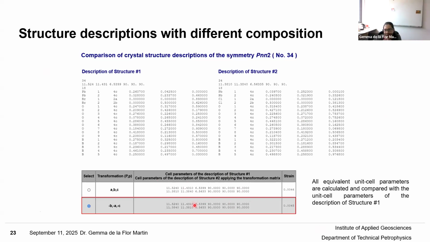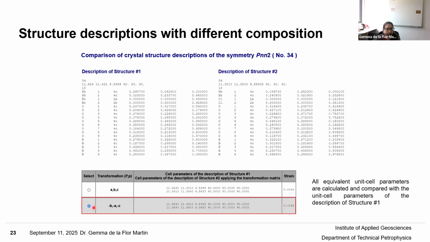Here all the equivalent unit cell parameters are calculated and compared with the unit cell parameters of the reference structure. In this case, we have two possible solutions, and the one with less strain is this one, so that's why it's highlighted in gray.